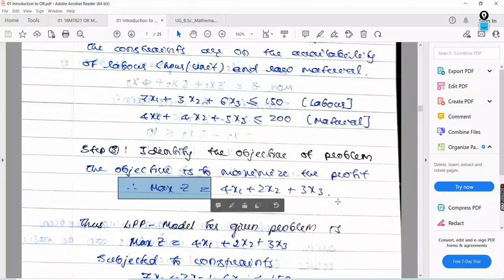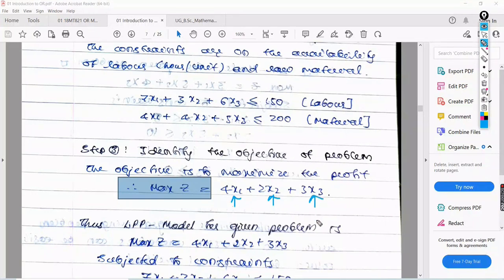It means how many models you are going to define for A, how many for B, and how many for C. That itself will maximize the profitability of the component to be designed, by the effective utilization of the labor and of the raw material.